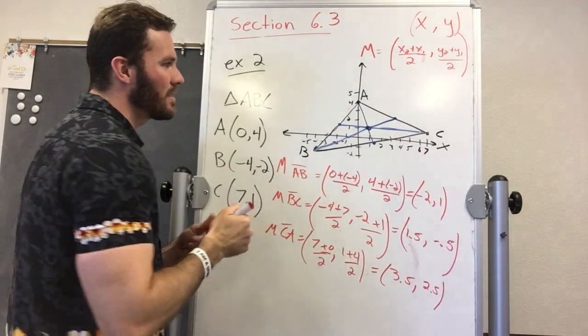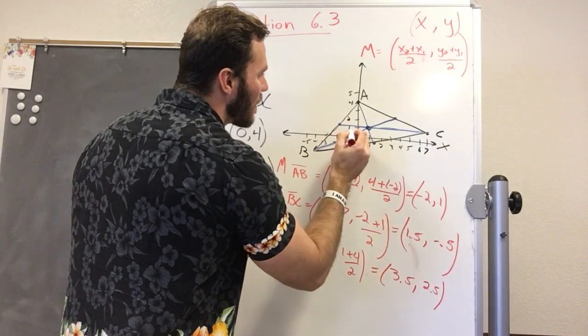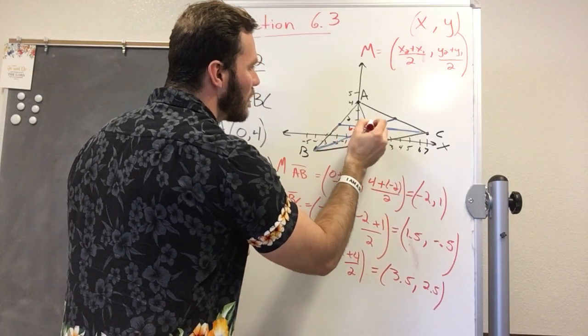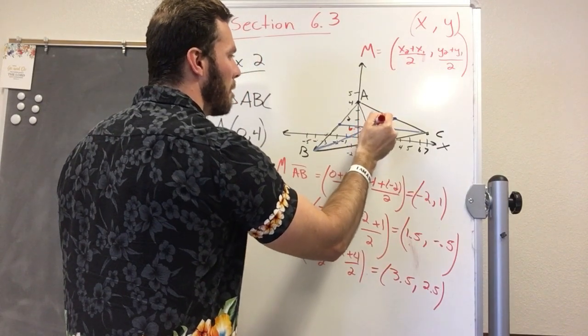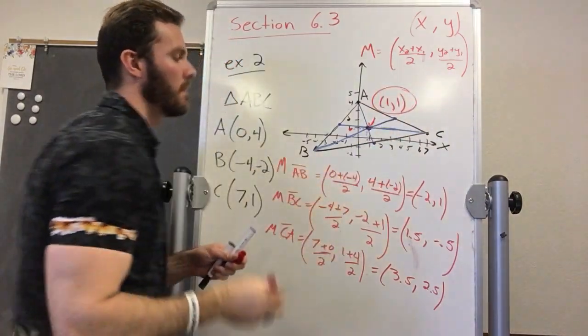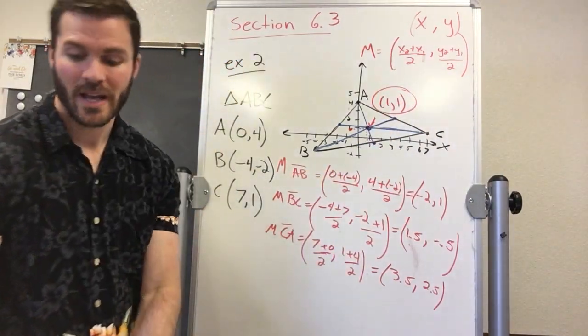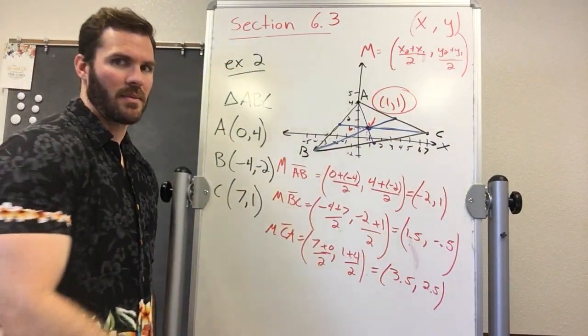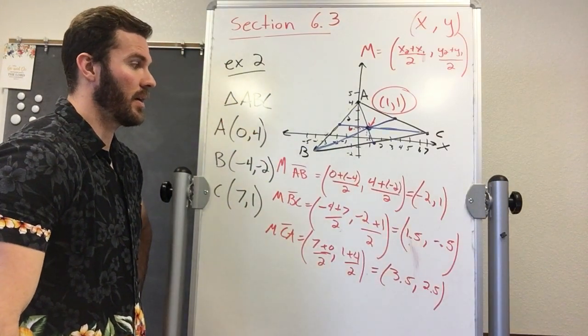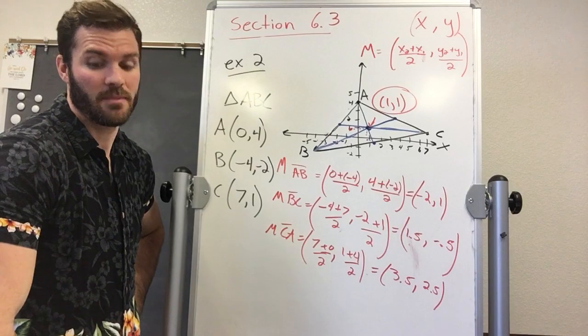What are those coordinates? We can see it's 1, 1. That's my centroid. It'll be better on your homework and if you're using paper. I'm using just a flat whiteboard, but I hope that helps. So you use the midpoint formula to find the midpoints.